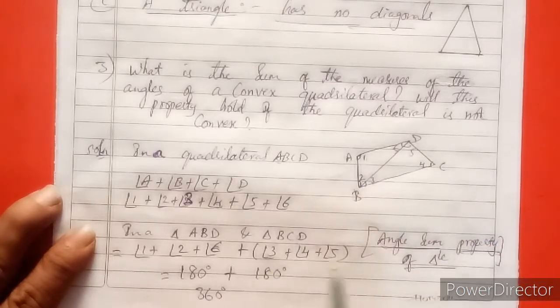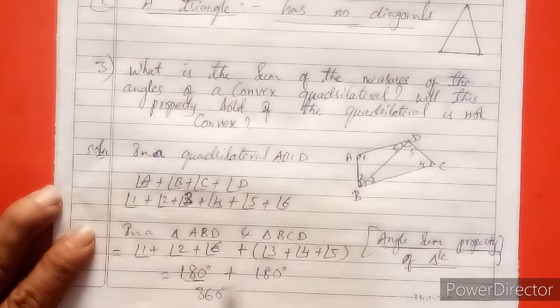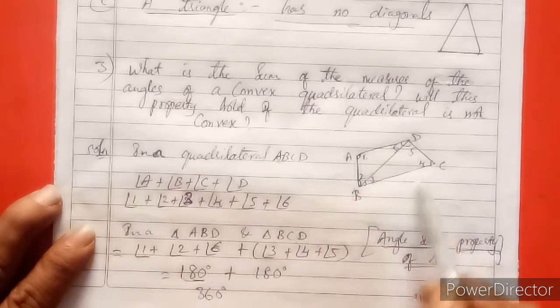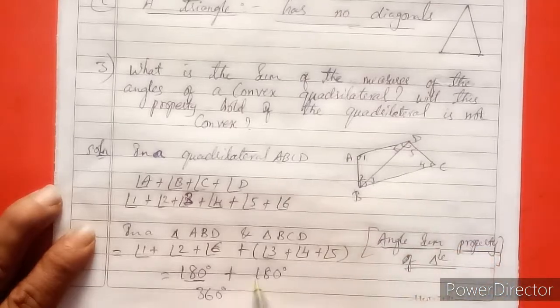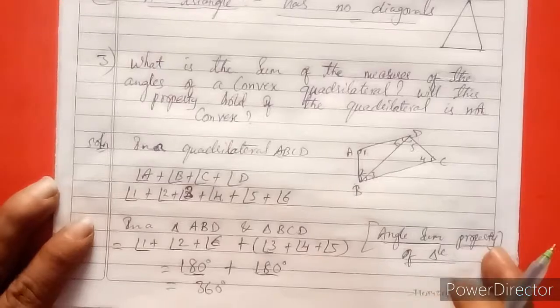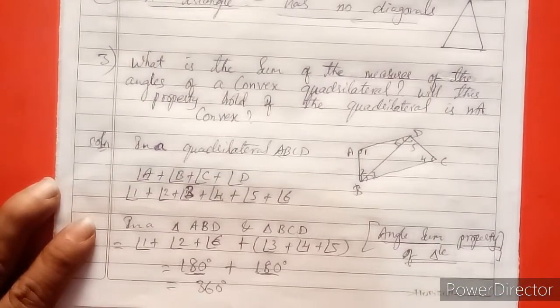The total sum of the angles of the first triangle makes 180 degrees, and the second triangle also makes 180 degrees. If you add that total, we will get 360 degrees. Did you understand?